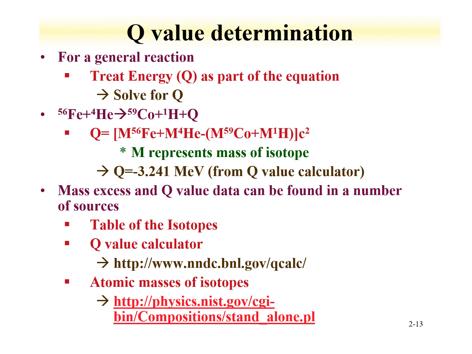I can get the mass excess and Q value data that are necessary from a number of different sources: the Table of the Isotopes, the Q value calculator, and the atomic masses of isotopes. This Q value calculator is a tool from the National Nuclear Data Center at Brookhaven National Laboratory where you can input the reaction information and the Q value will come out.